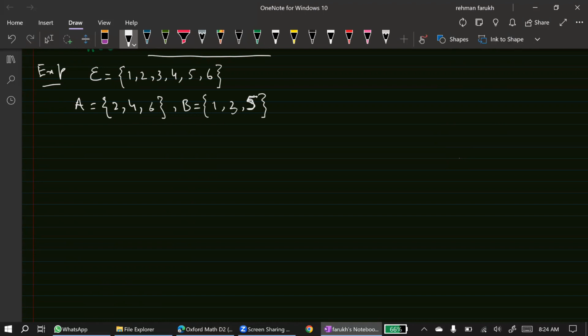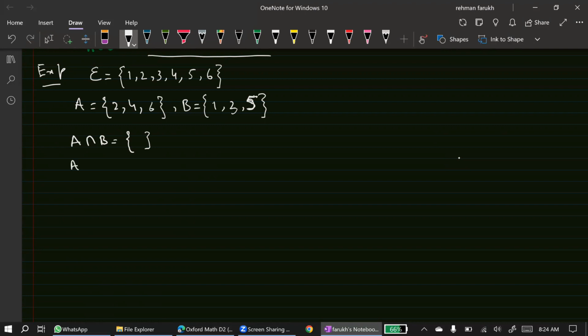Is there any common element between the two sets? No. So A intersection B is phi, the empty set.